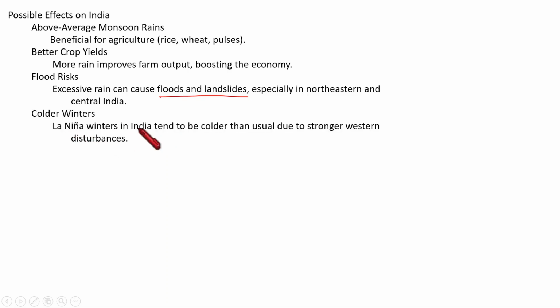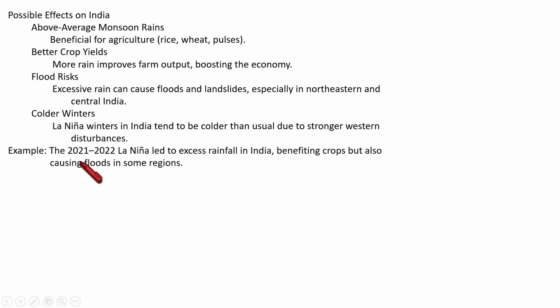Then cold winters: La Nina winters in India are getting colder than usual due to stronger western disturbances. An example of such a situation in our climatic history is 2021-22. In that period, India got excess rainfall, which benefited our crops, but also caused floods in some regions.